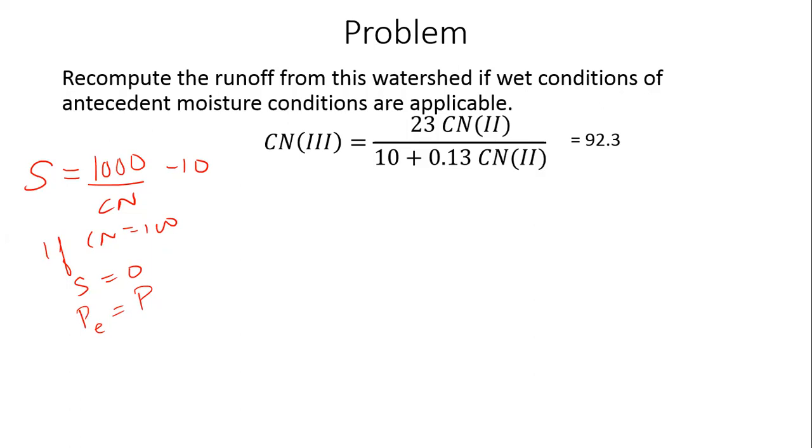Just by looking at the curve number, you should be able to say, if this is how curve number is changing, then this is what will happen to my S. And if this is how S is changing, then this is what will happen to my runoff. Okay, so it's a simple problem.